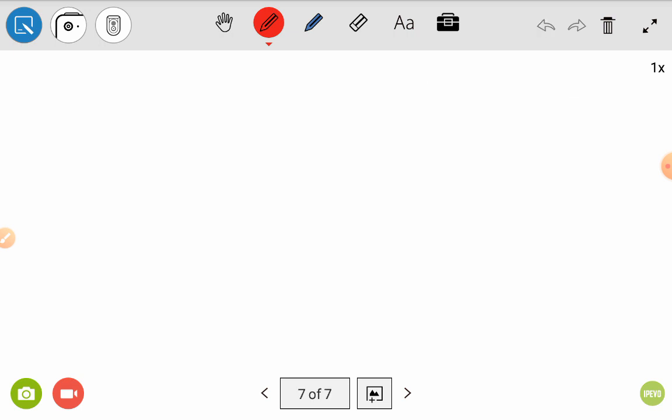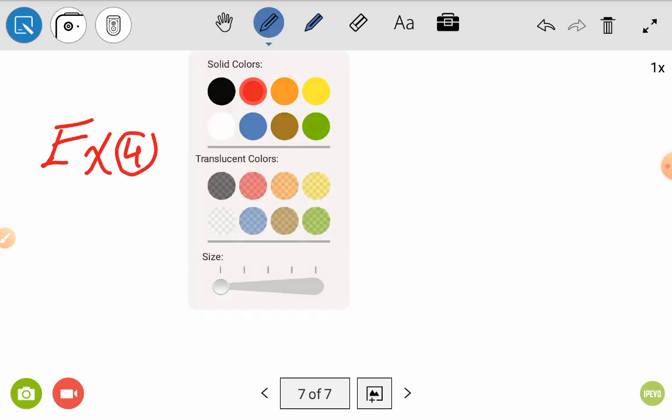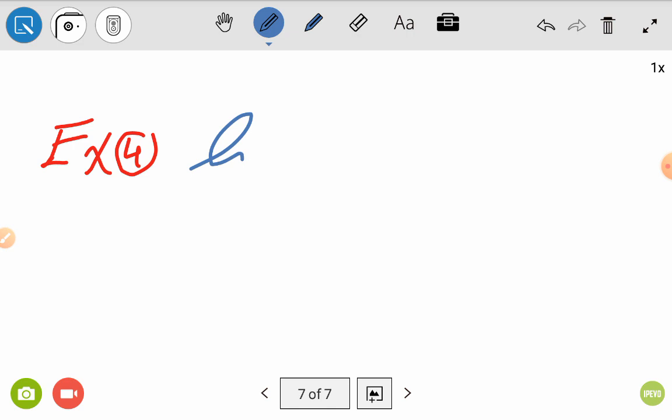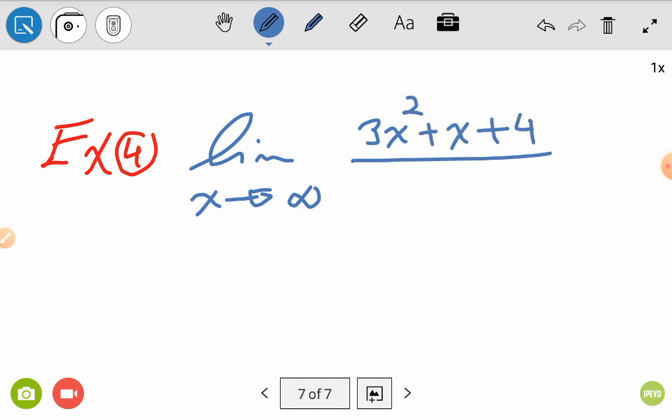One more, example number 4. Find the limit as x approaches infinity of 3x squared plus x plus 4, all over 5x squared plus 8x.